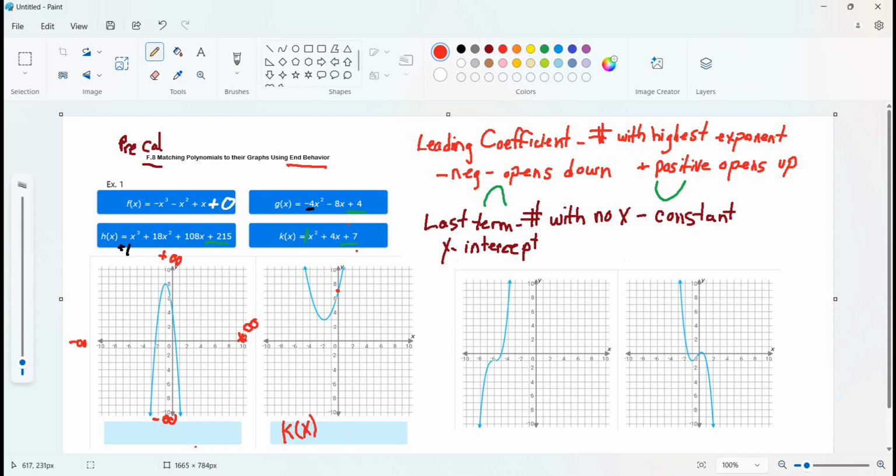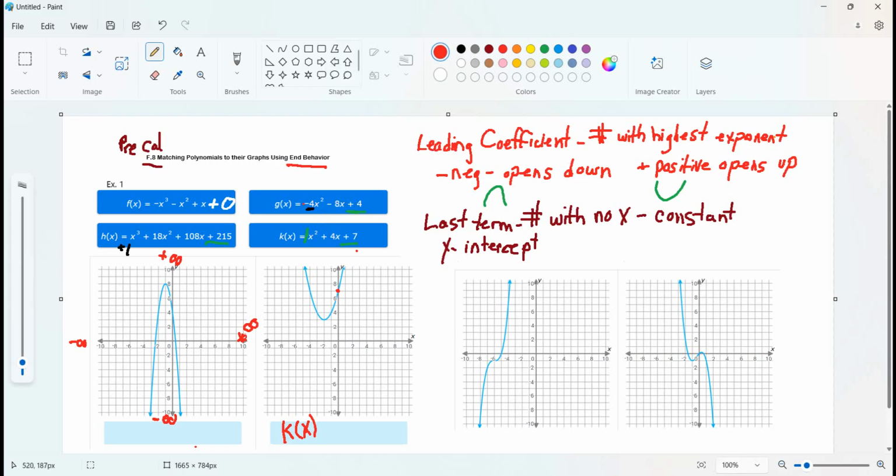Okay, so we've already chosen this one, goes to this one. We can look at this graph right here. It's f of x, the f function. Some of the clues are it's negative, so it opens down.